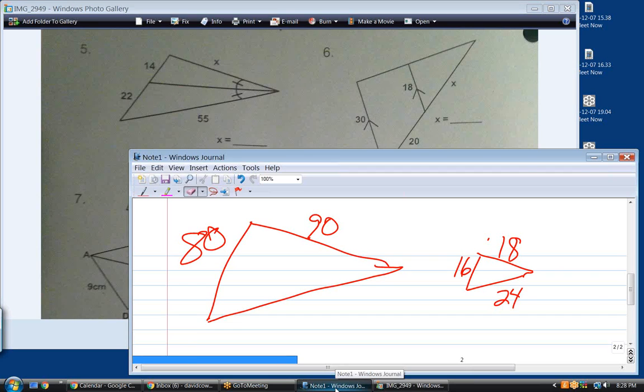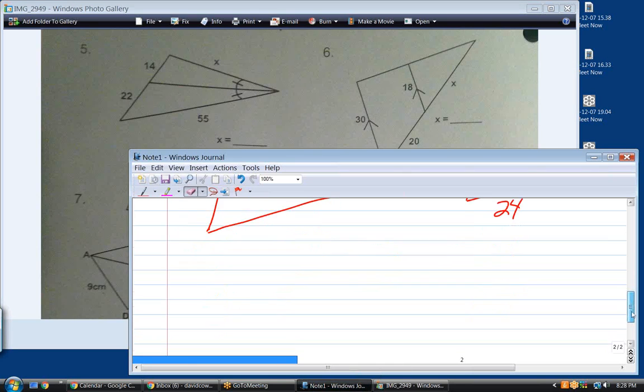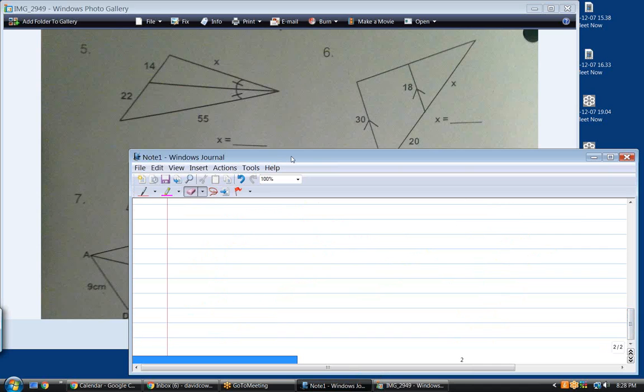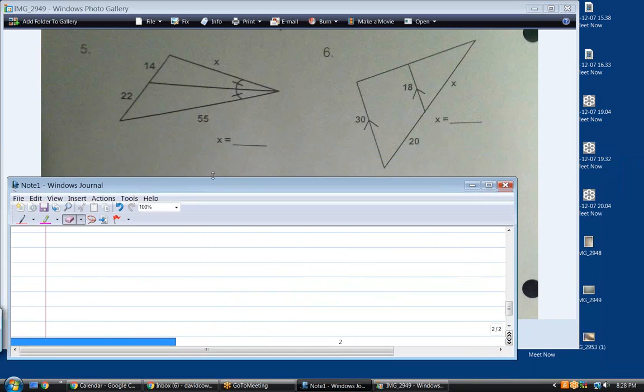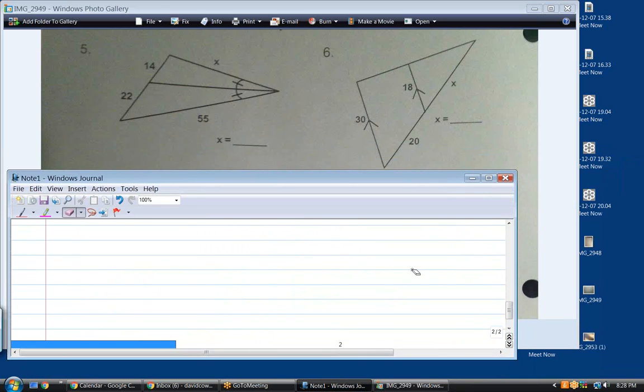In other words, a numerical ratio that expresses the linear ratio of those two triangles. Where do we have nothing but numbers? The two bases, the 30 and the 80.